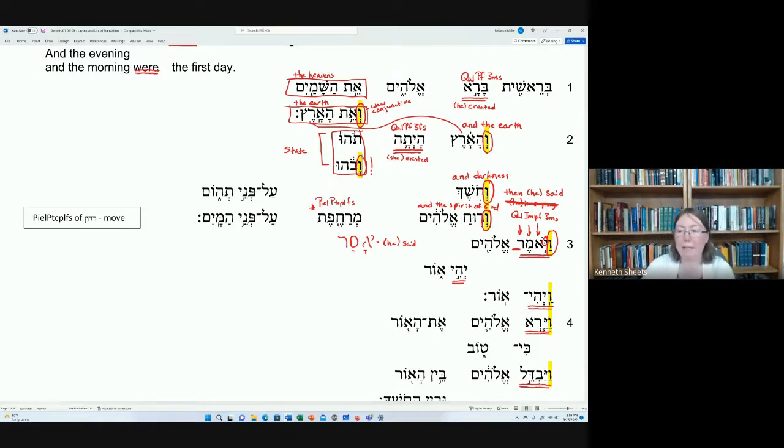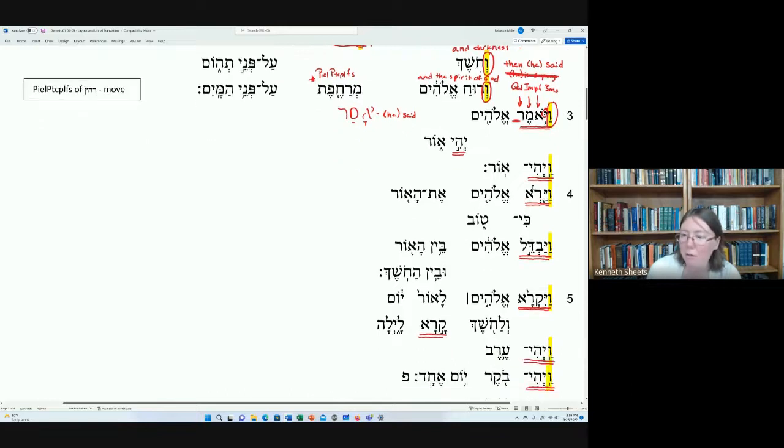So that is what we have here in this instance. And notice all of these vav consecutives that are showing up here. We have the vav consecutive there on wayomer. Then we have the vav consecutive on wayehi.